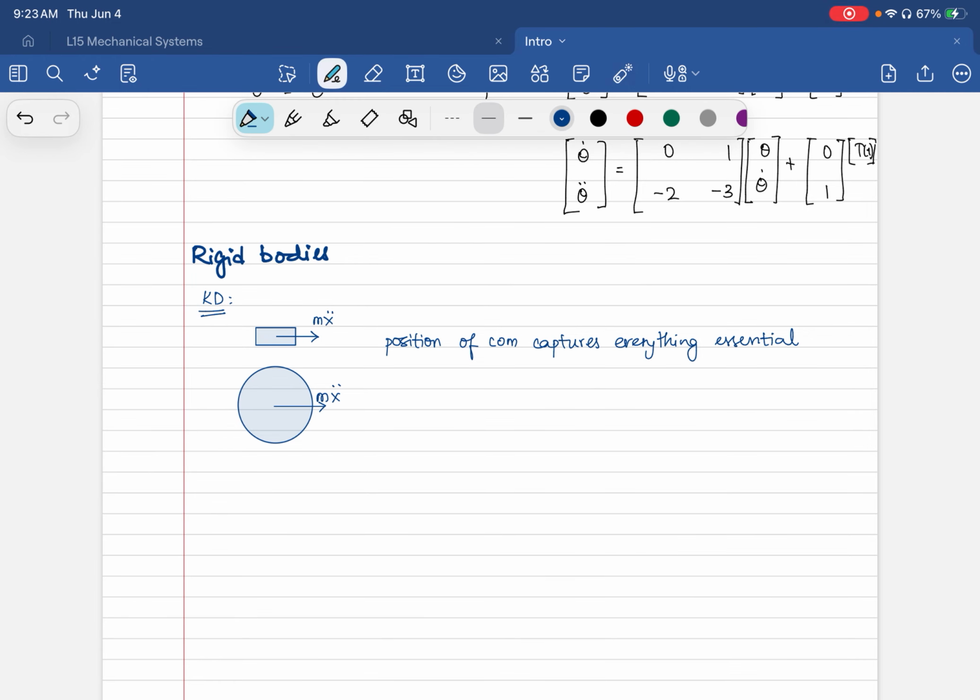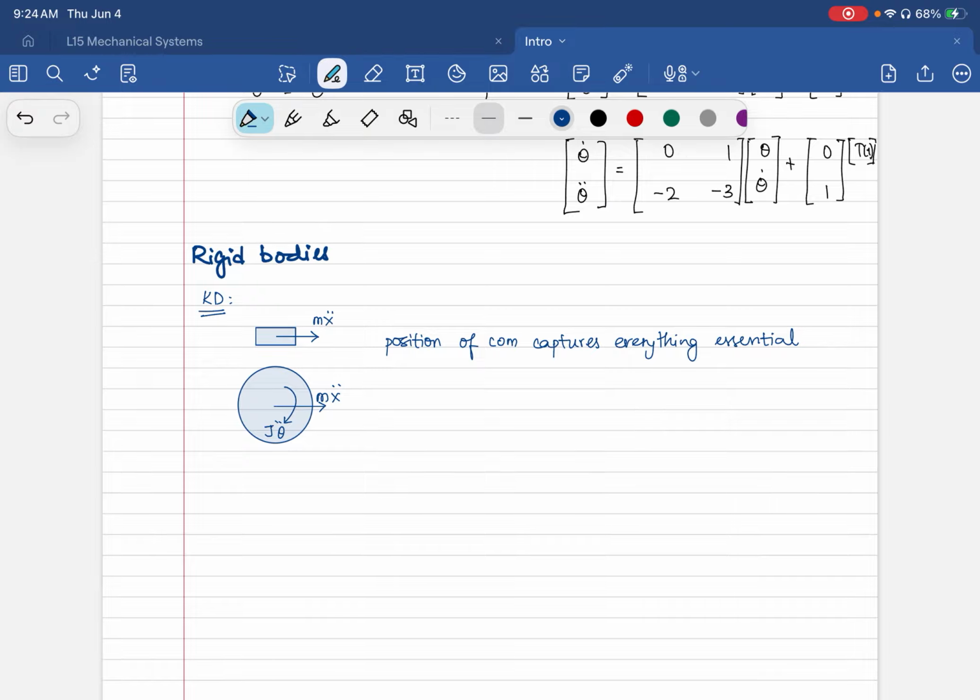So if theta is accounting for how this body is oriented, let's say initially it was oriented along this axis and then it has rotated, then you have some theta being measured in this way. Then you have J theta double dot or I theta double dot to represent the moment of inertia I or J and the moment that is set up.